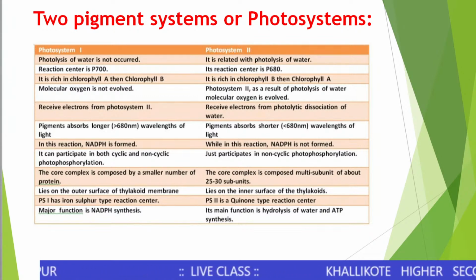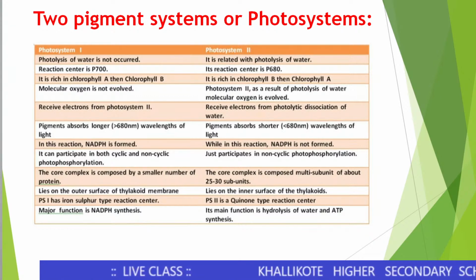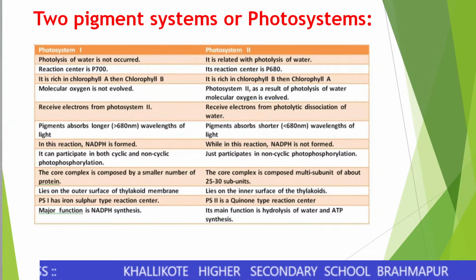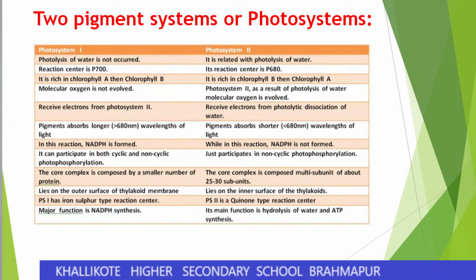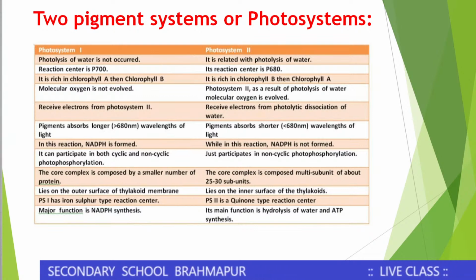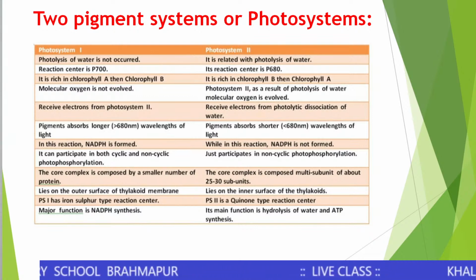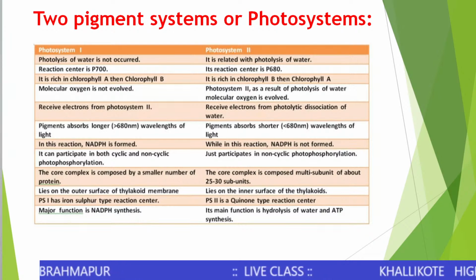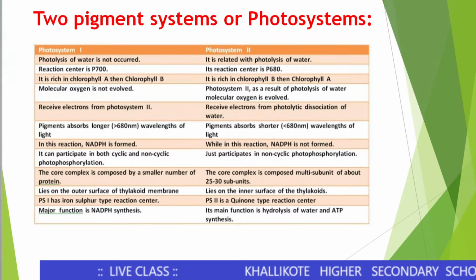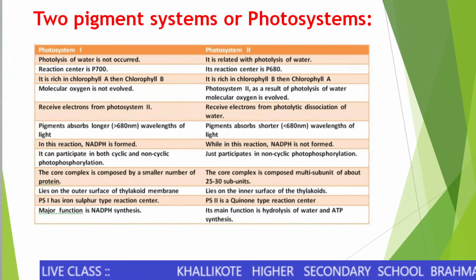Photosystem 2, however, is present in the appressed part, where one thylakoid membrane is placed over another thylakoid membrane.